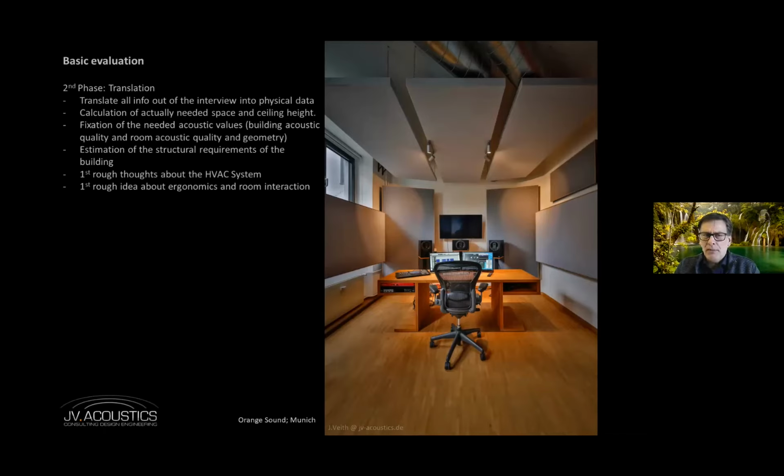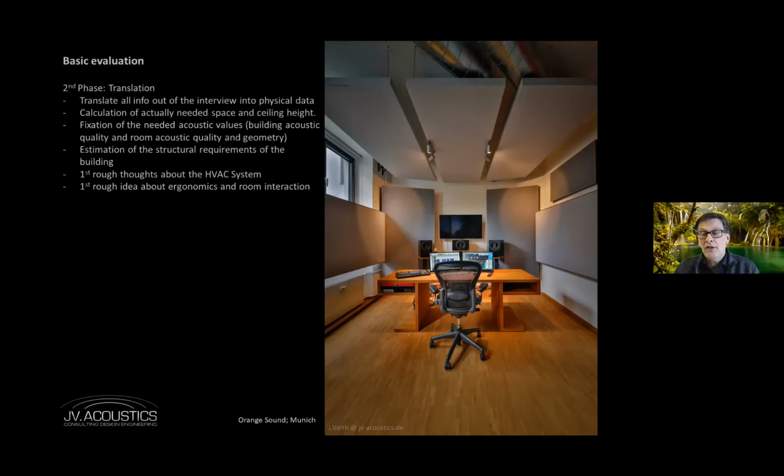For example, with the space, very often people say, I want to build a control room and a recording room, and we need 30 square meters for this and 30 square meters for that, so we are looking for a space with 60 square meters. But it's not like that. You need a corridor, maybe you need a technical room, maybe you need space for the air conditioning system. It's also about the ceiling height then with all the ducting and so on.